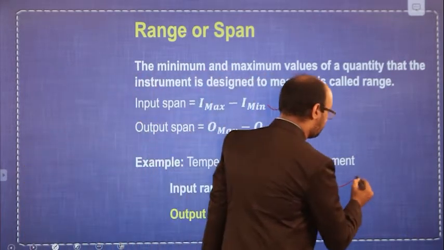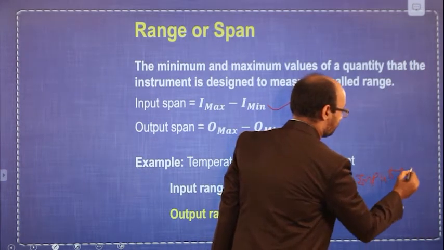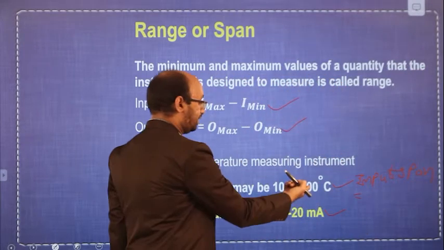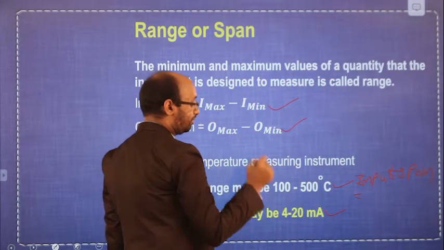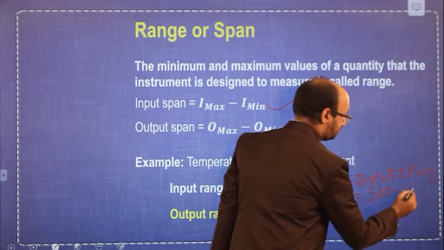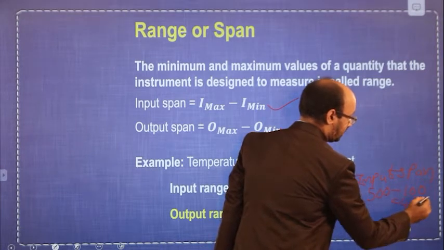Input span is equal to the difference between the maximum input and minimum input, that is 500 minus 100. It is equal to 400 degrees centigrade.